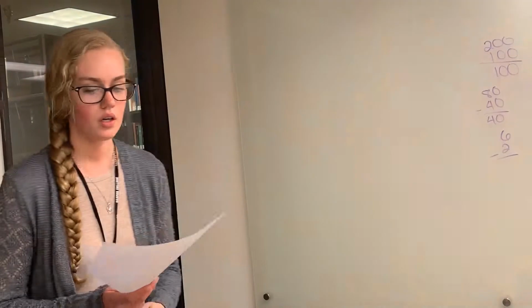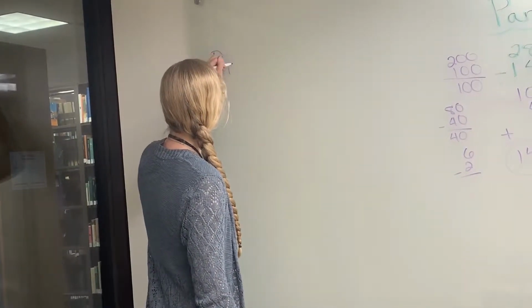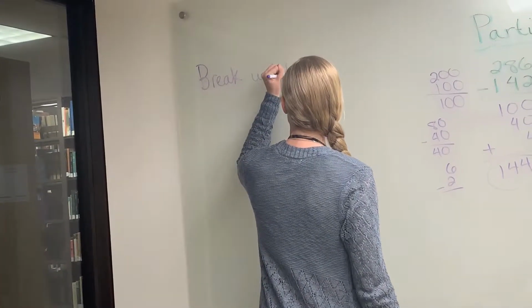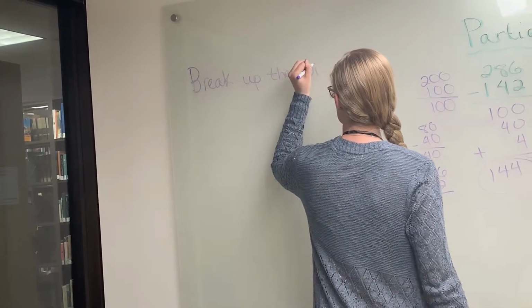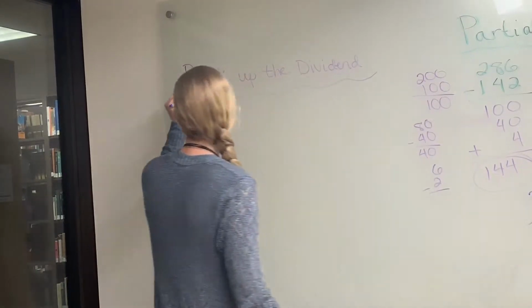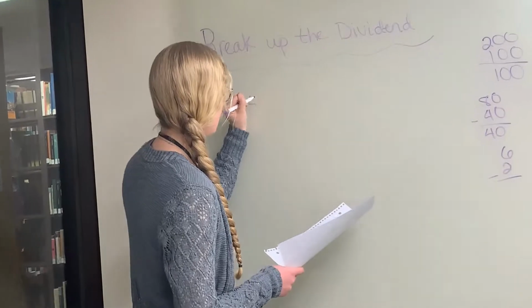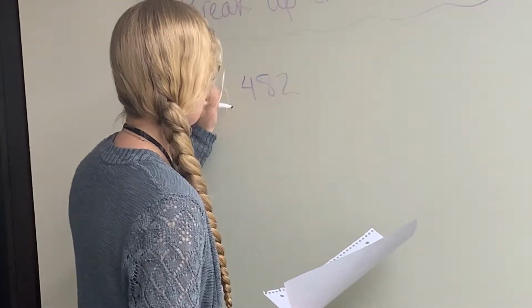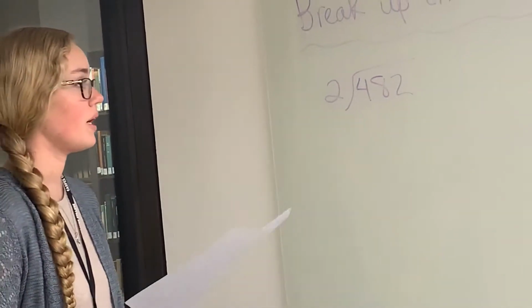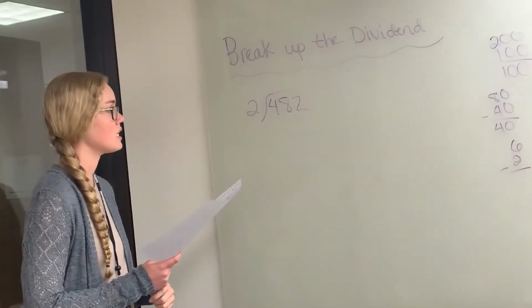For my third alternative algorithm, we break up the dividend. So if I had 482 divided by 2, I can break this up into the different place values just like what I did with the partial differences.